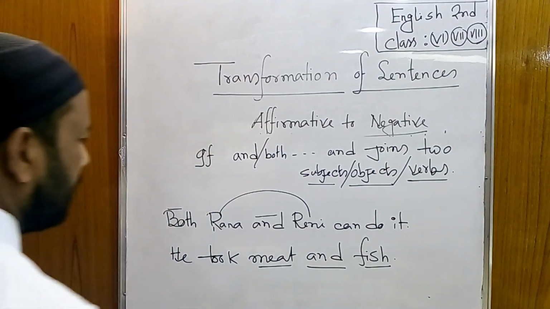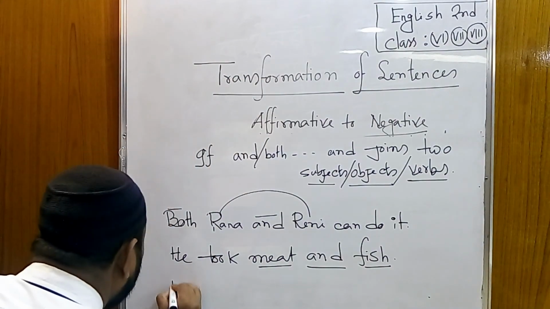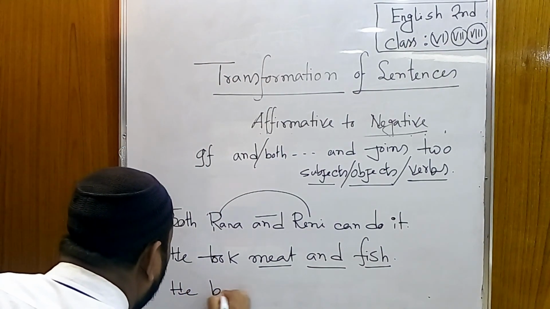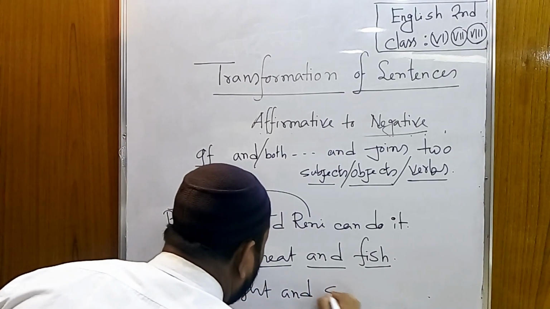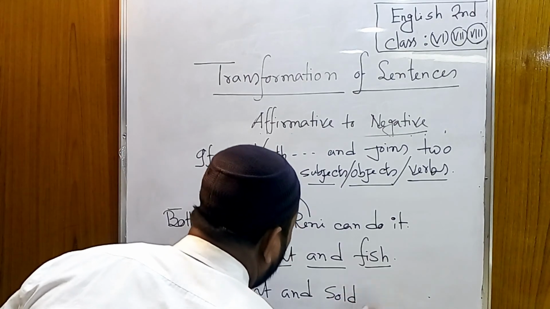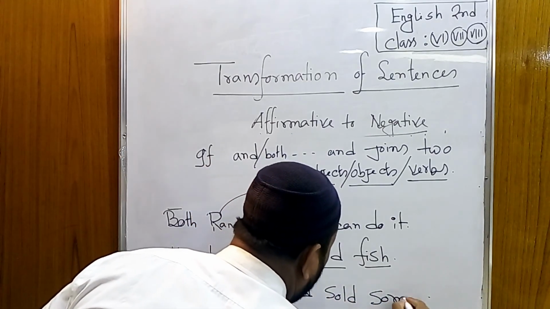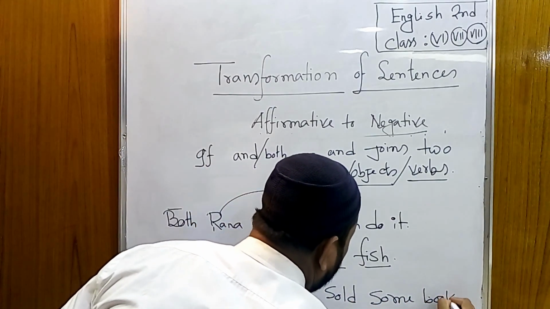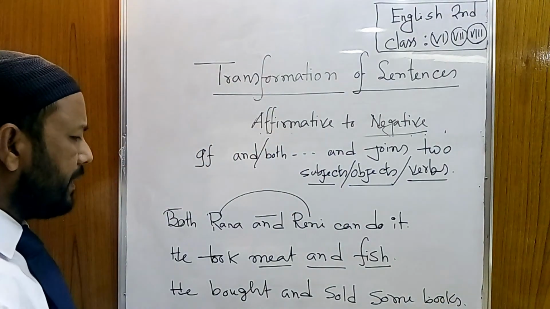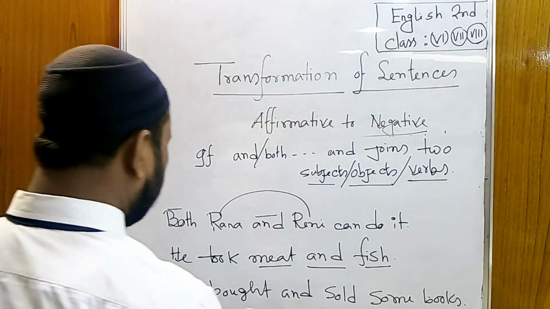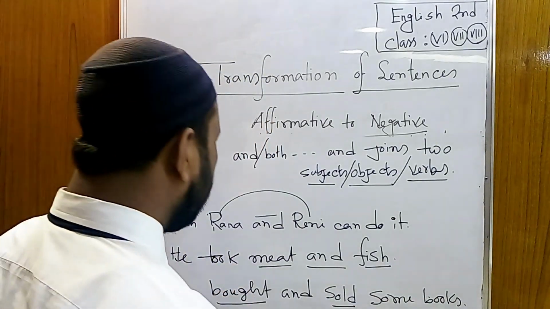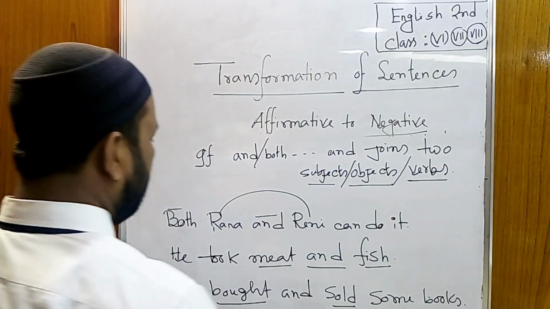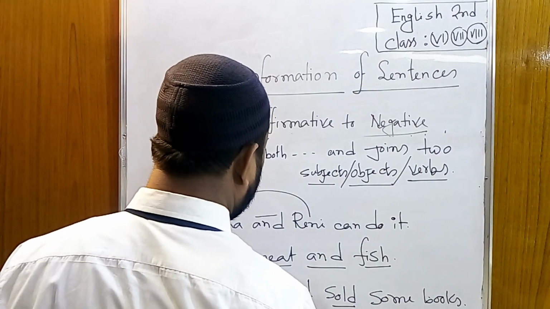And finally, I will give you another example. He bought and sold some books. In this sentence, you can see bought and sold are verbs, and these verbs are joined with and.